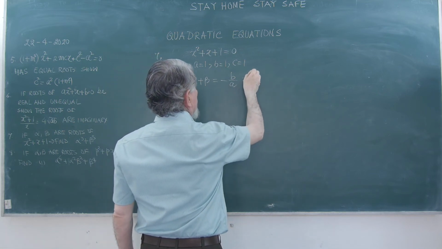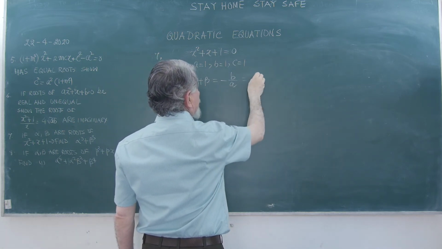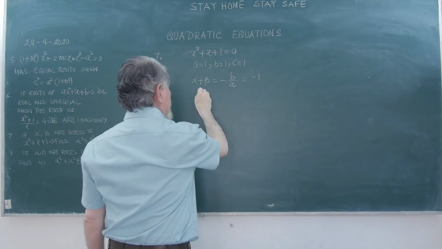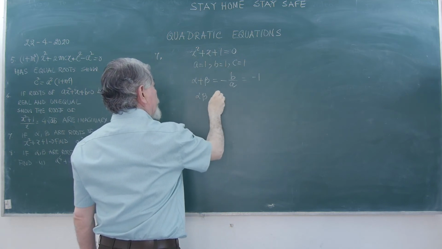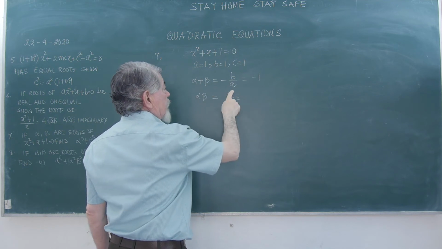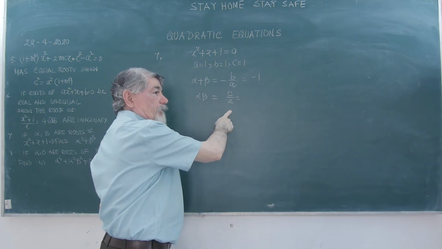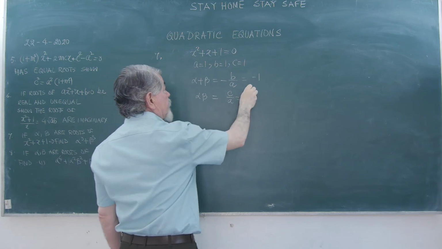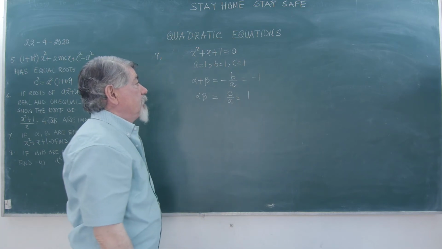So b is 1, a is 1, so it remains minus 1. Similarly, alpha beta will be equal to c upon a, that is absolute term upon the coefficient of x squared, which is 1. 1 upon 1 is 1.